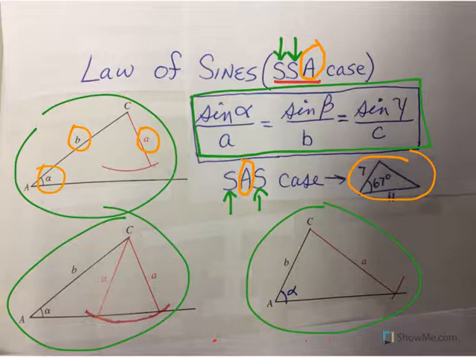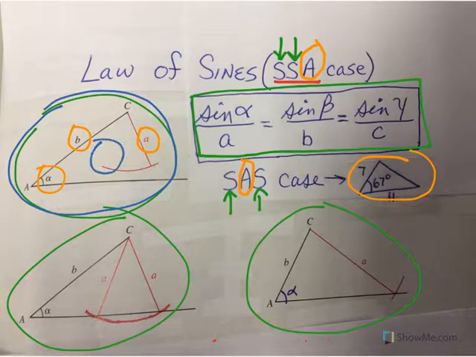Next, I'm going to show you three different examples. Each example will illustrate something different. The first one is going to show you when no solution will occur. There are problems where the information provided is totally bogus. You cannot make a triangle using the numbers that are given.